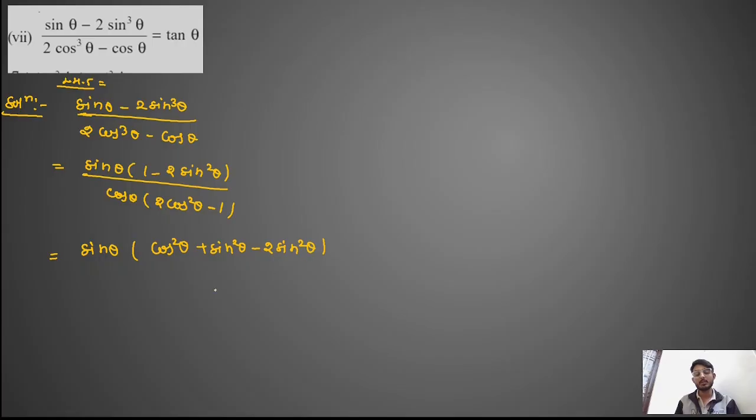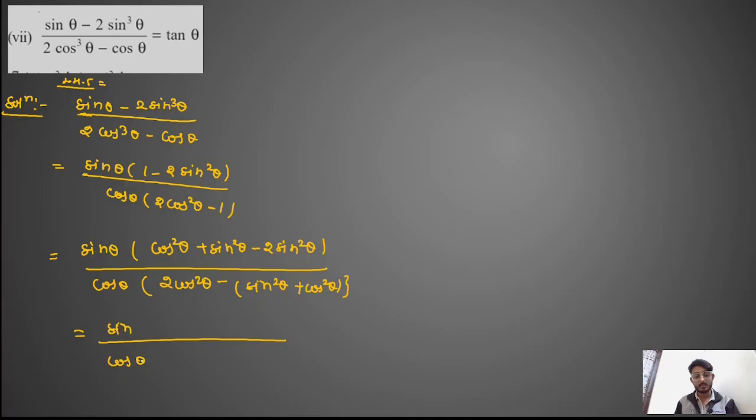We will do the question by class 10th rule, not by class 11th rule, upon cos theta into cos square theta, and you can write minus 1 as minus sin square theta plus cos square theta. Sin upon cos, write as sin theta upon cos theta. Cos square theta as it is, and whenever you minus 2 sin square theta and plus sin square theta, you will get minus sin square theta.